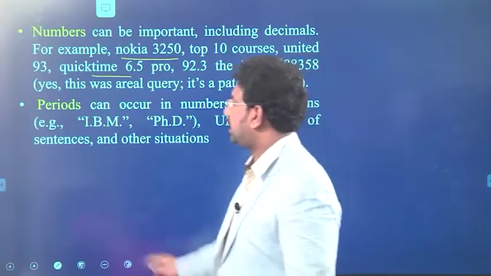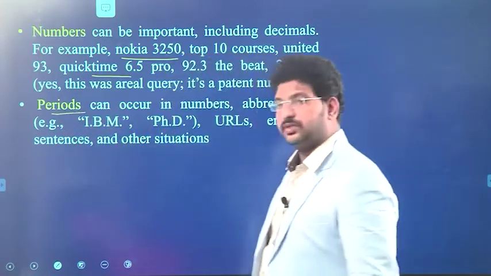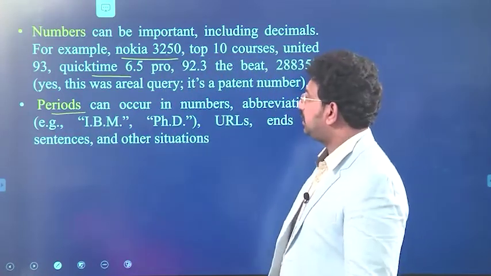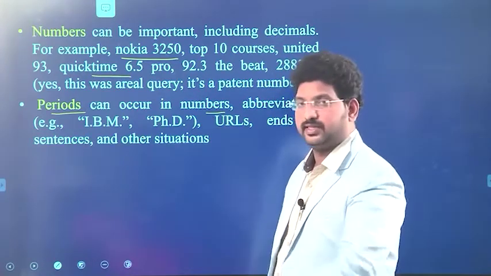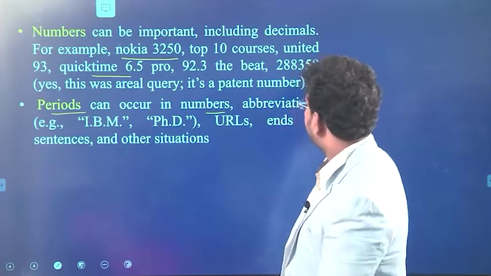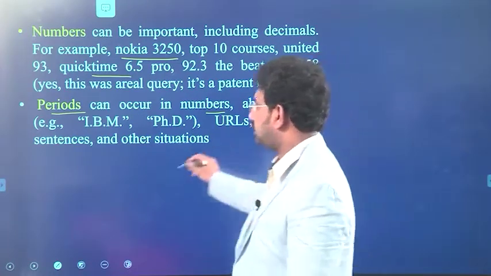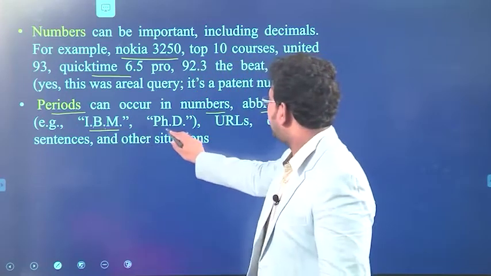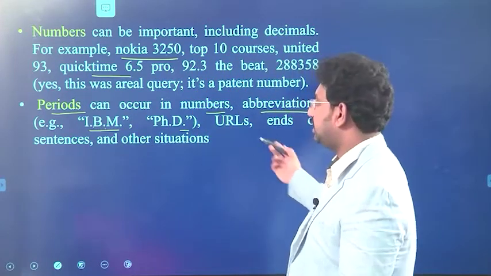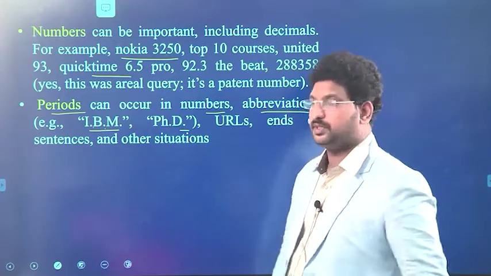And next, periods. The period, or dot, can occur in numbers like 10.570, 9.70, and in abbreviated forms, for example IBM, PhD, URLs, and at the end of sentences and other situations also.